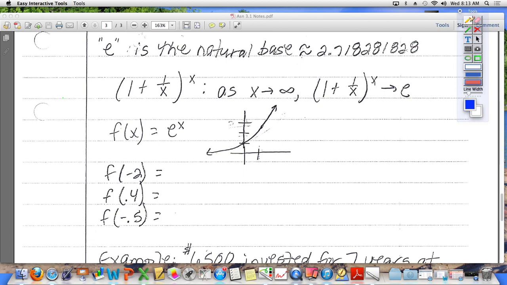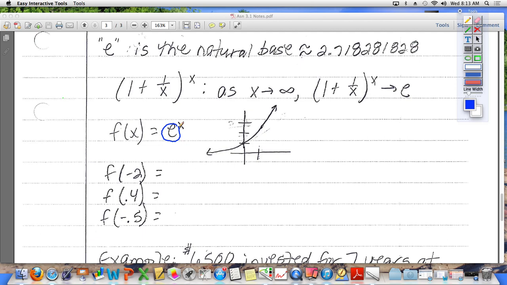And come to find out, that was actually a pretty powerful number because it's a number they can use to calculate interest when interest is being compounded continuously. So what you need to be comfortable with is how do you use e on your calculator?